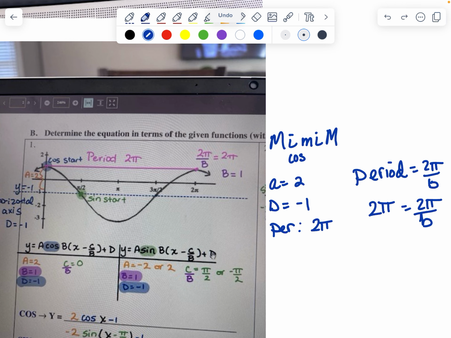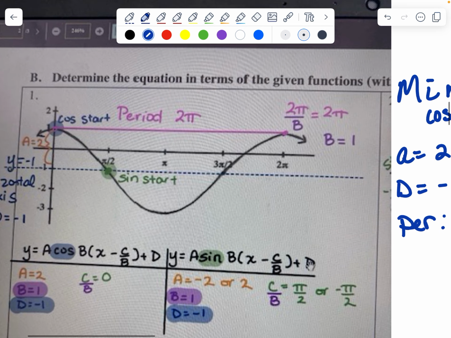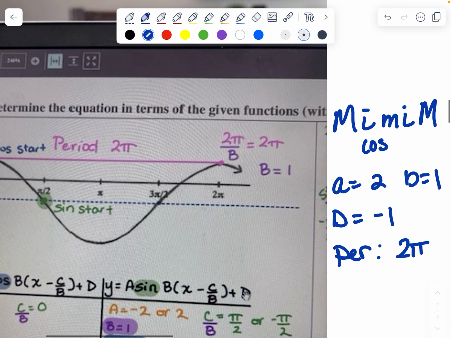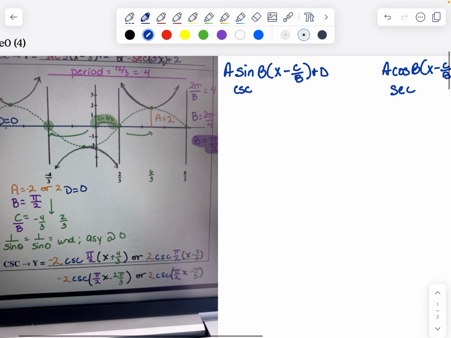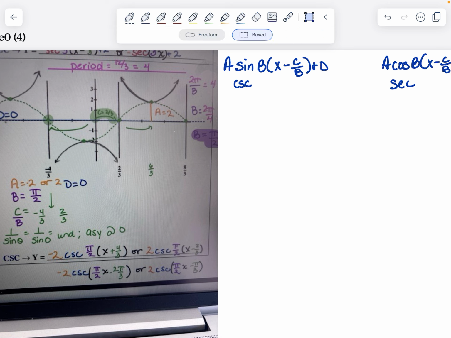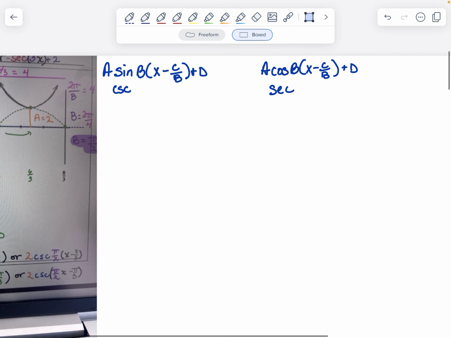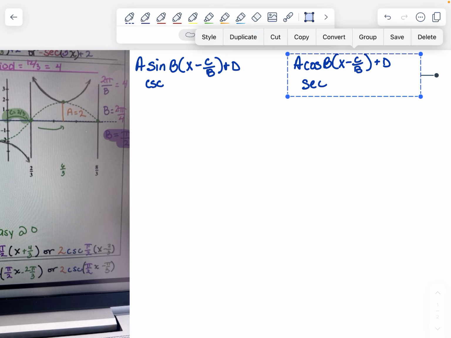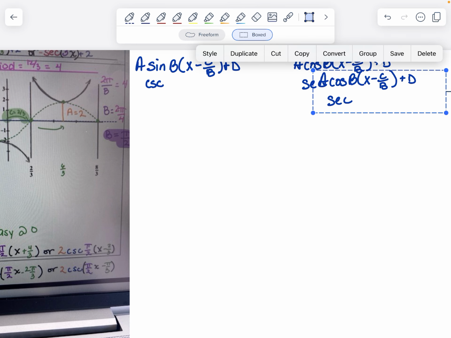Okay, so let's put that over here. B equals 1. Okay, now the C, we're going to use C over B. If you remember our formula up here, let me bring this formula down for the cosine. Let me bring it over here.